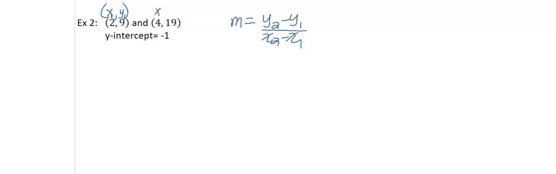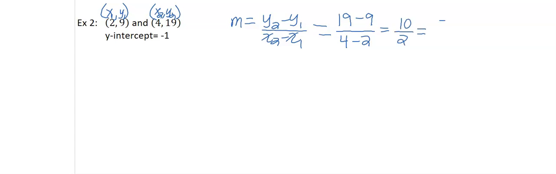So my x1 is 2, y1 is 9, x2 is 4, and y2 is 19. So I'm going to go ahead and plug it into our formula. So I have on the numerator 19 minus 9, and on our denominator we have 4 minus 2. Now 19 minus 9 is equal to 10, and 4 minus 2 is equal to 2, so our slope is 10 over 2, which reduces to 5.